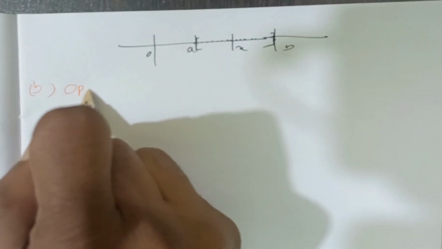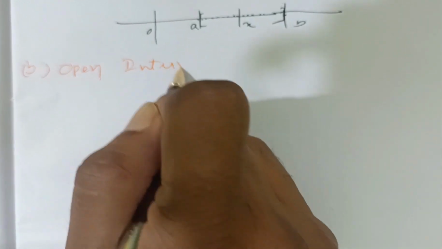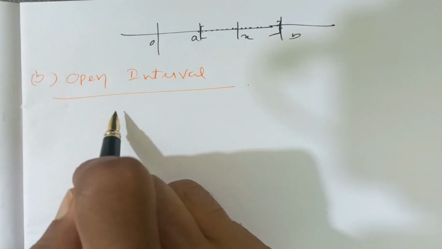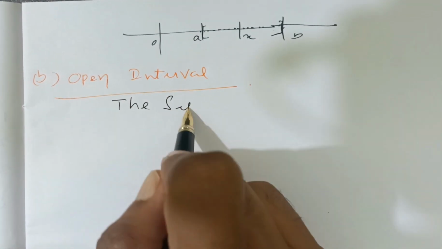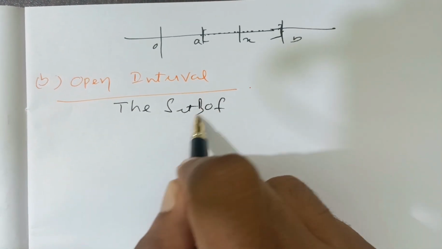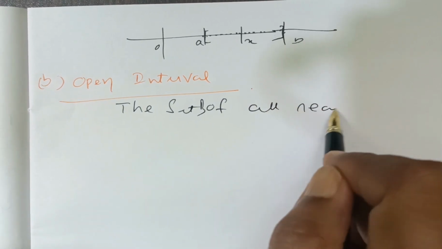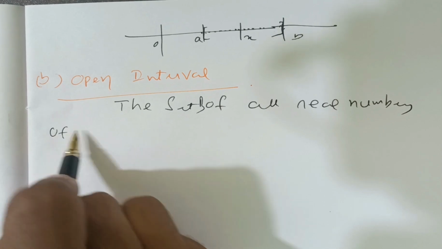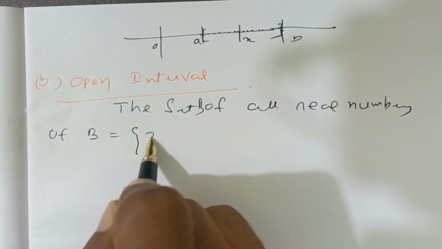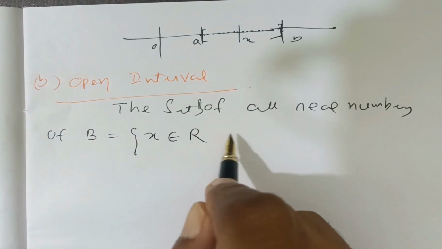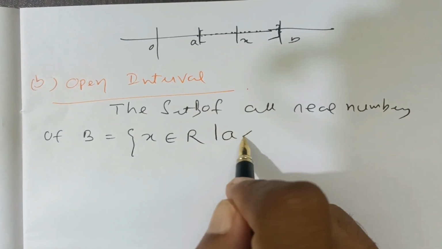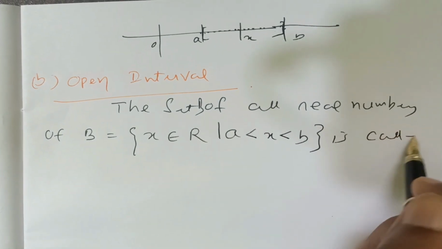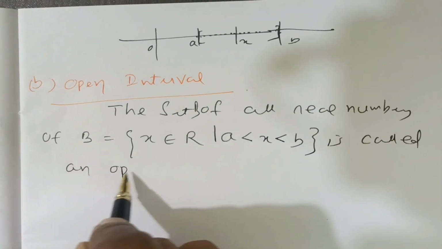And second, open interval. What is an open interval, friend? By definition, the set, say set B, of all real numbers x such that x is an element of R and A is less than x is less than B, is called an open interval.